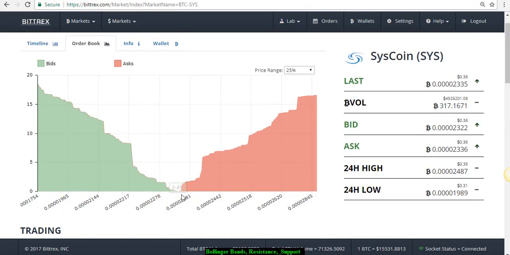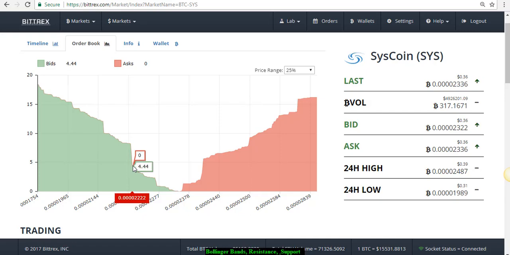So if the market is right here right now and you're looking to buy into it, what this is simply saying is in order for the market to be brought back to 2,223 Satoshi, there needs to be a total of 4.4 volume in Bitcoin. Clearly that's not that much volume that has to move when 317 Bitcoin worth of volume has happened in the last 24 hours.